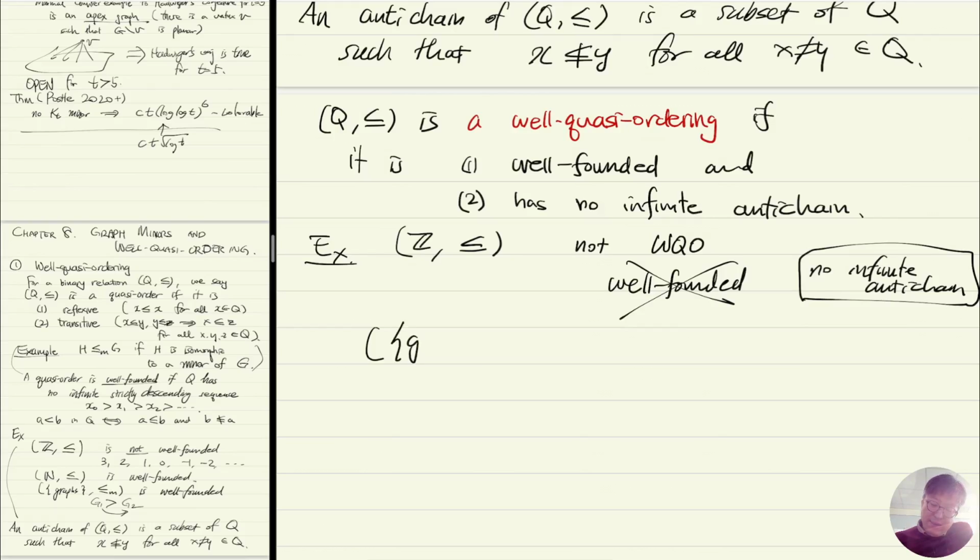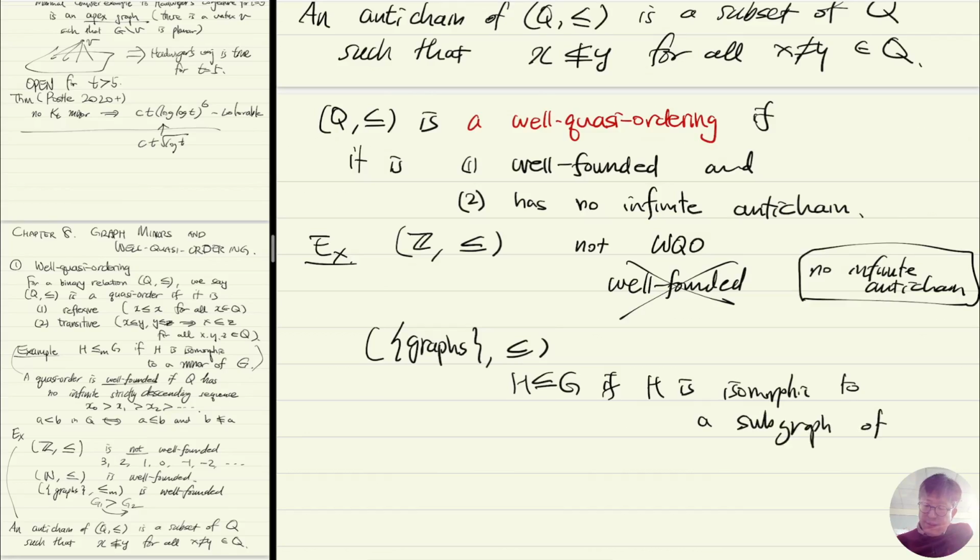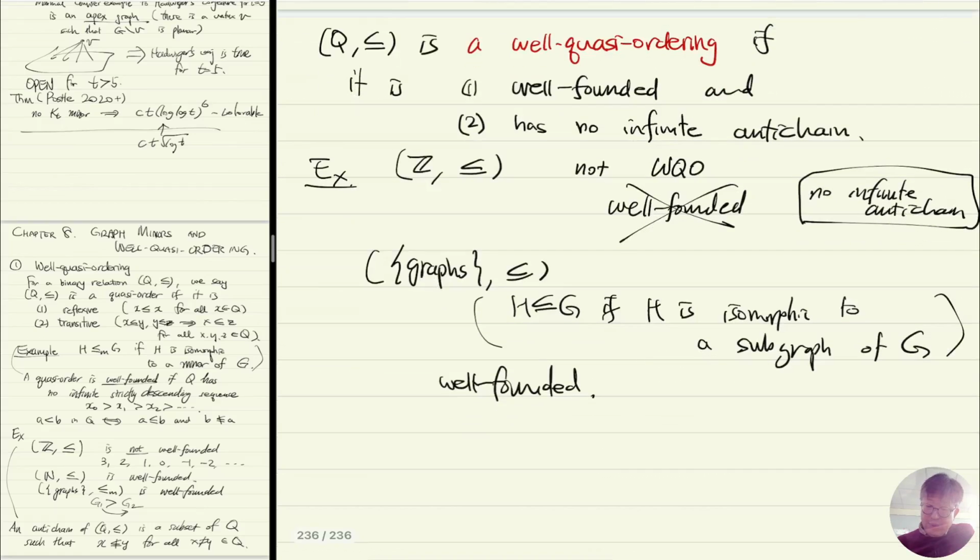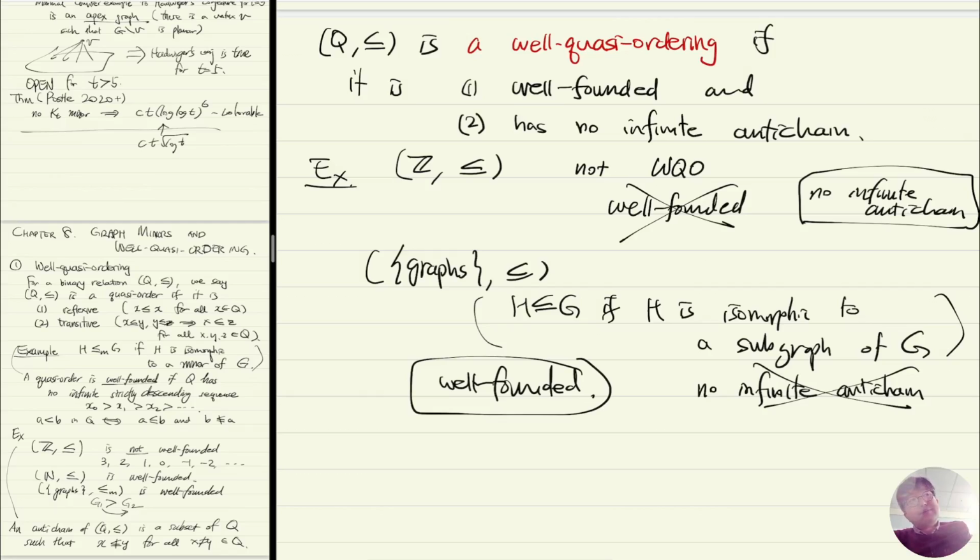How about graphs? We say H is less than or equal to G if H is isomorphic to a subgraph of G. Then this is well founded. This is okay, but the condition that there is no infinite antichain is not satisfied.